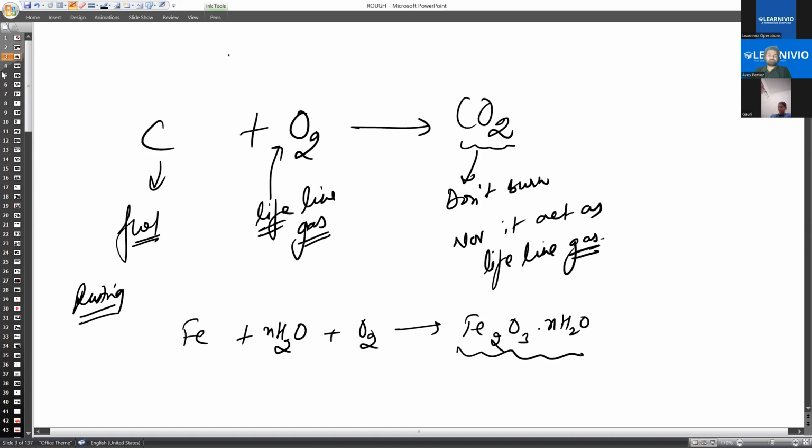Now start doing this one. Note it down fast. It's an example of rusting.